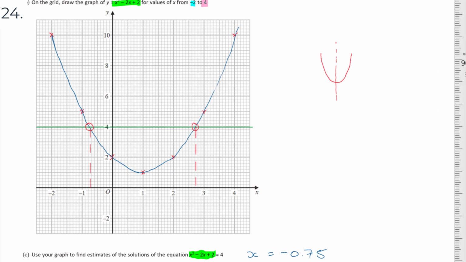So that is my other one, or x equals 2.7. So they're my two solutions then. Now you're going to be given a little bit of leeway in this because, you know, plotting points is always a little bit inaccurate. So expect like a half square either way on the correct answer, but I'm pretty happy with those.